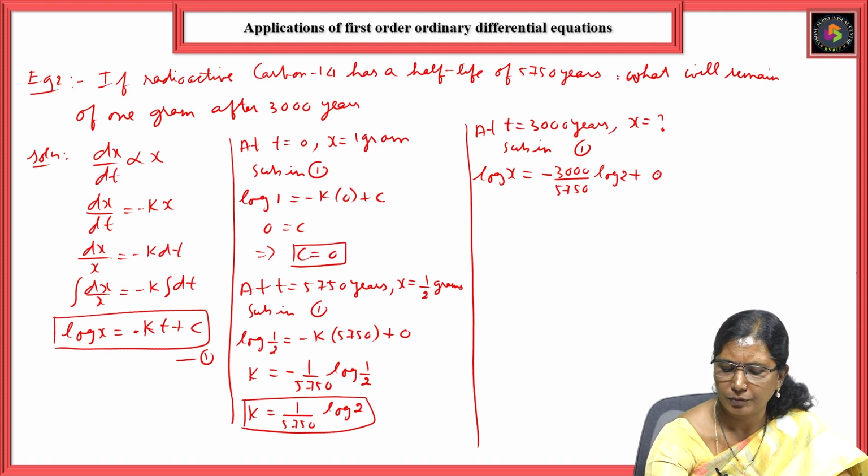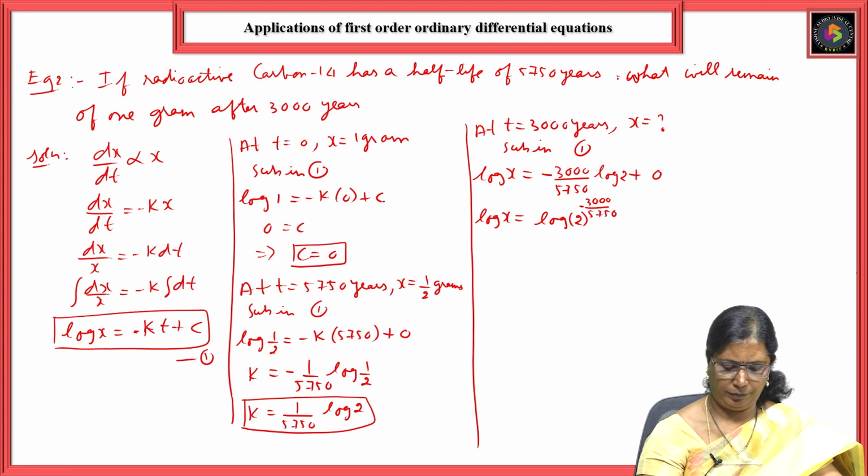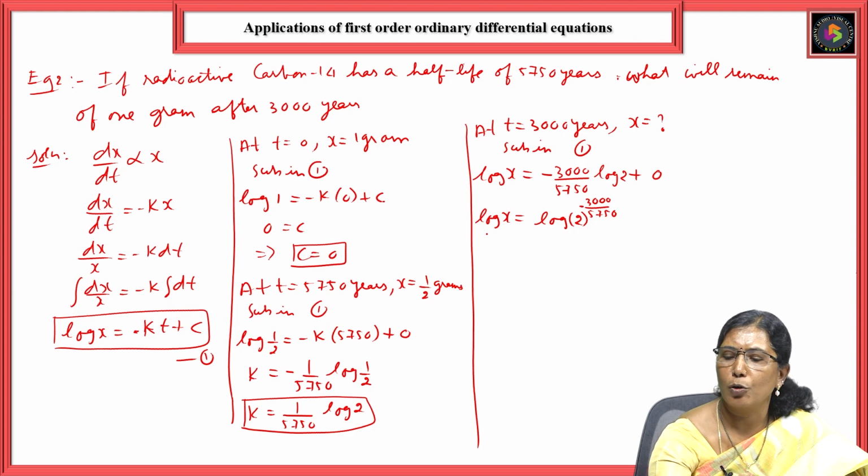Now what do you get here? Log x is equal to, applying the laws of log, log 2 to the power of minus 3000 by 5750. Removing log on both sides, you get x is equal to 2 to the power of minus 3000 by 5750.